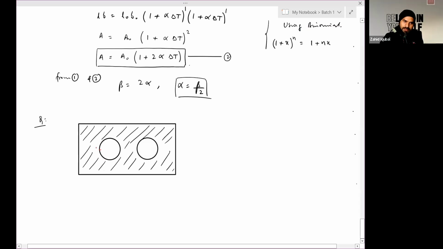This is point A, point B, C, and D. On heating, how will separation between first AD, second BC be affected?